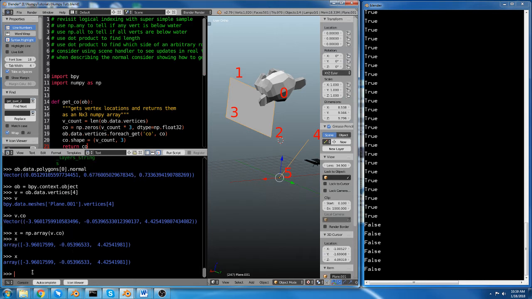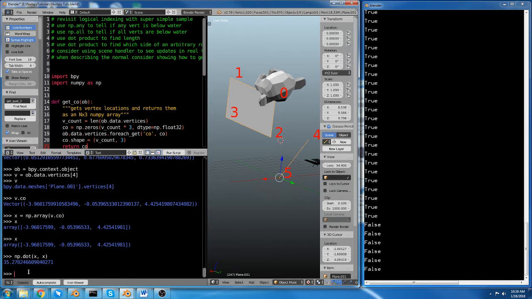So if we do x dot, well, there's several different ways we can do this. We can do np.dot, and we can do x, and we're going to dot x with itself. Well, we get this single value that is the squared length of x. And if we want to know the length, we just get the square root.